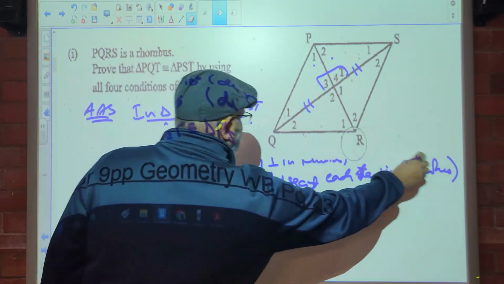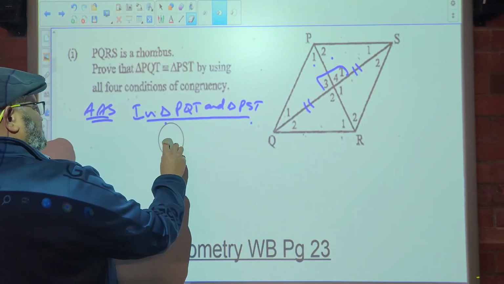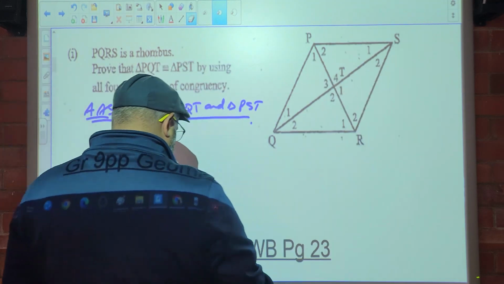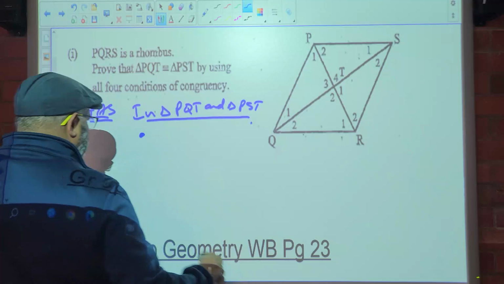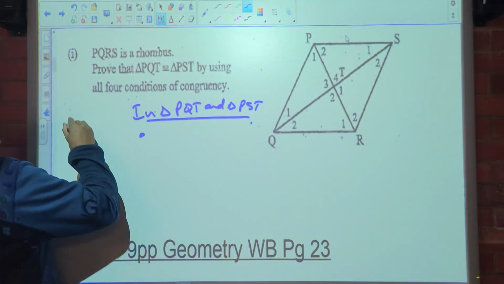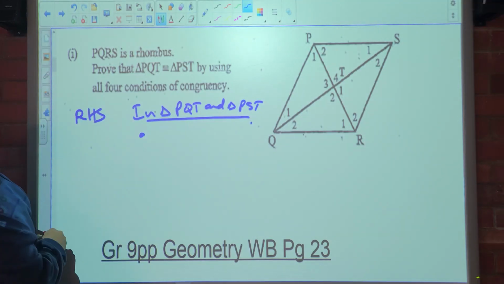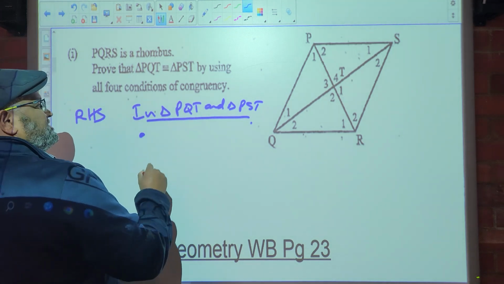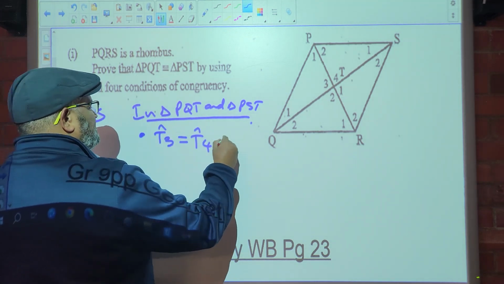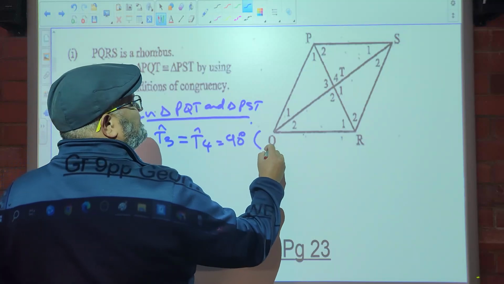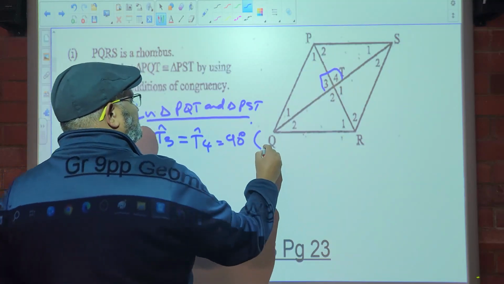Let's go with the next one. RHS. I think that one's not used so often. Okay. This is the RHS one. So we're saying that T3 is equal to T4, which is equal to 90. Why is this 90?